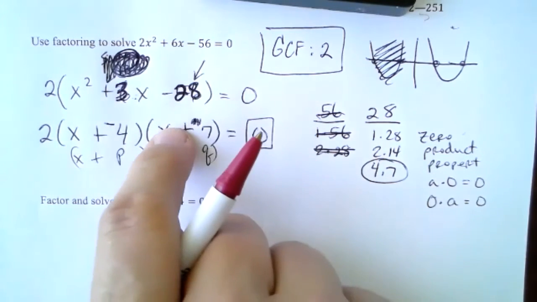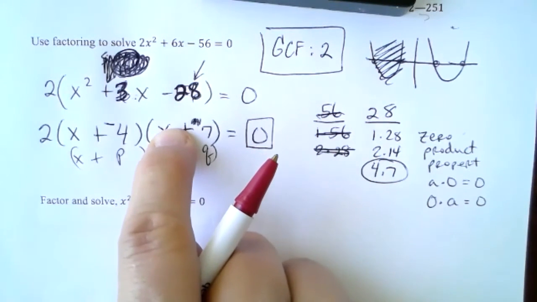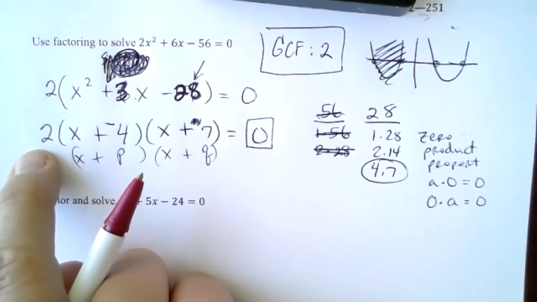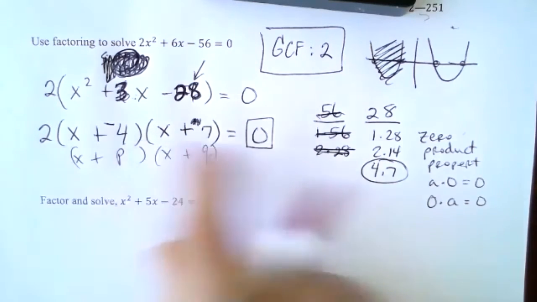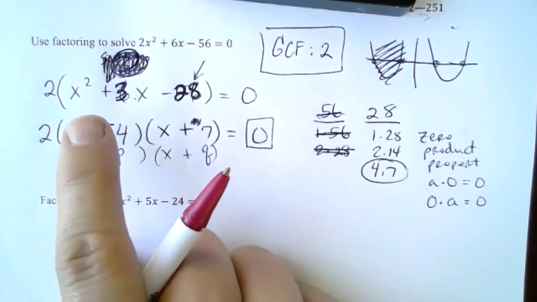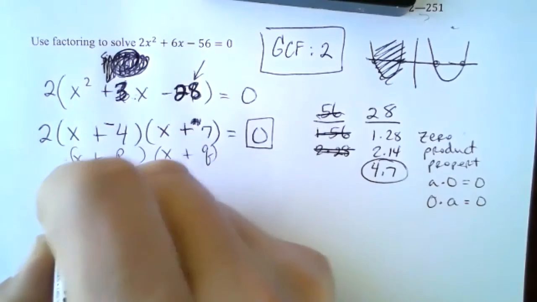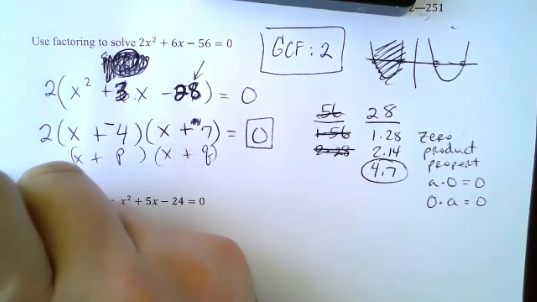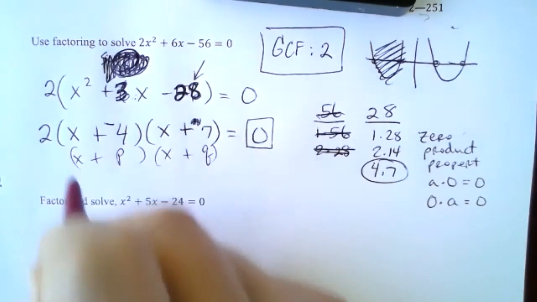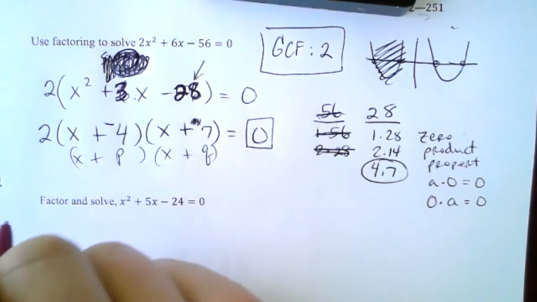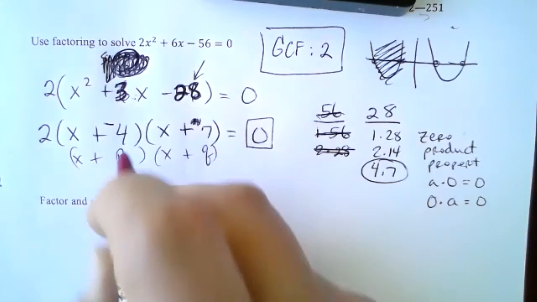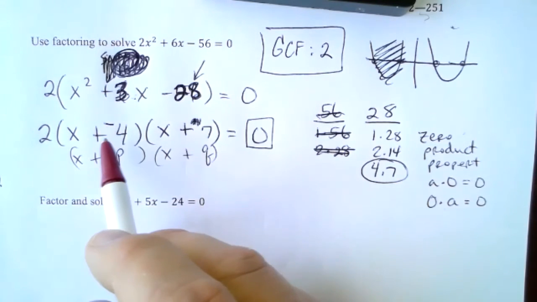So if I were to put 0 in either one of these places, I would come out with 0. So there's 2 different kinds of solutions that I can have, all right? Now the 2 doesn't really matter here. You could just cancel out the 2, because I could replace this x term with 0.